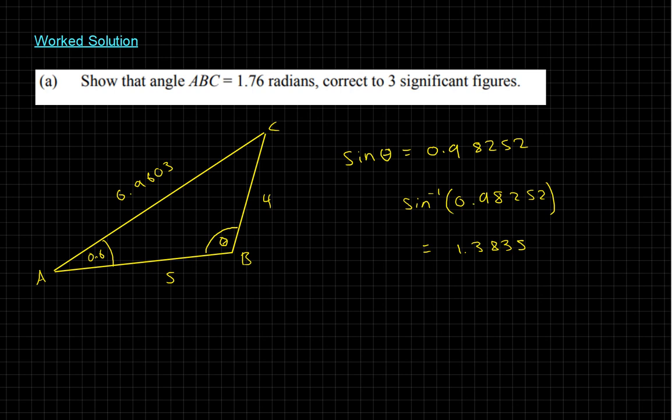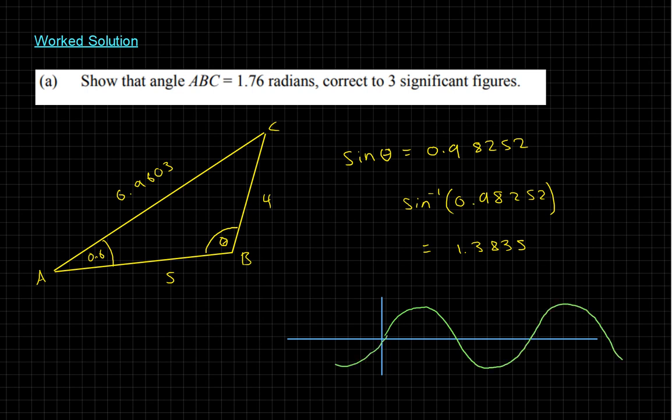Reason being, let's look at the graph of sine, for instance. So I draw my sine graph. Okay, and remember the sine graph goes on infinitely. And all we know is that we're taking the inverse of 0.98252.